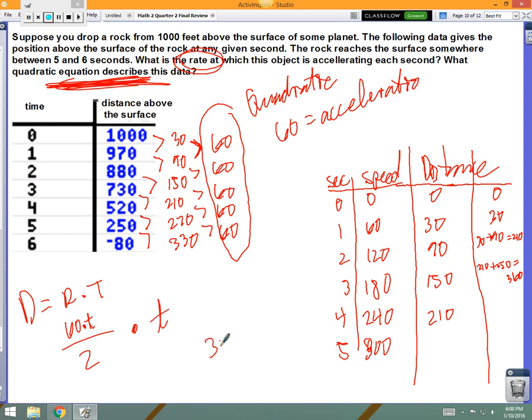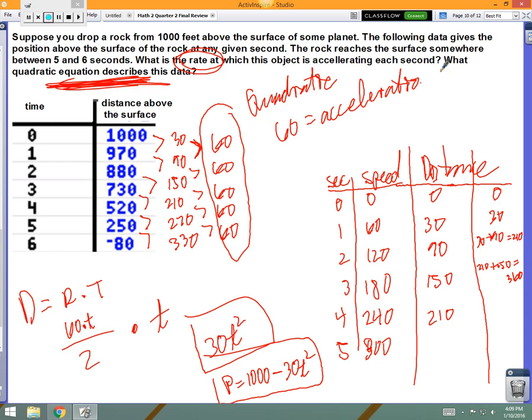So your equation is going to be 30t squared. That is the total distance traveled. But if you want the position above the surface of this planet, it's going to be the position equals 1000 subtract 30t squared.